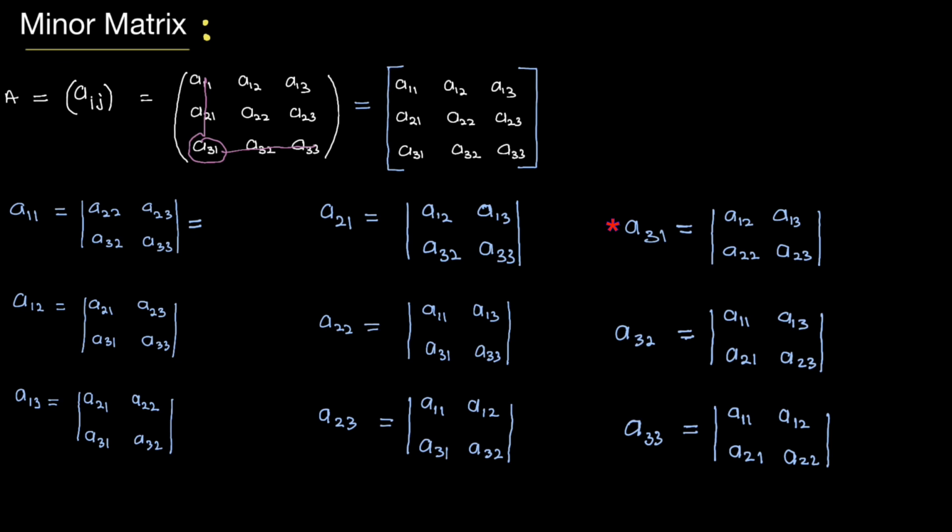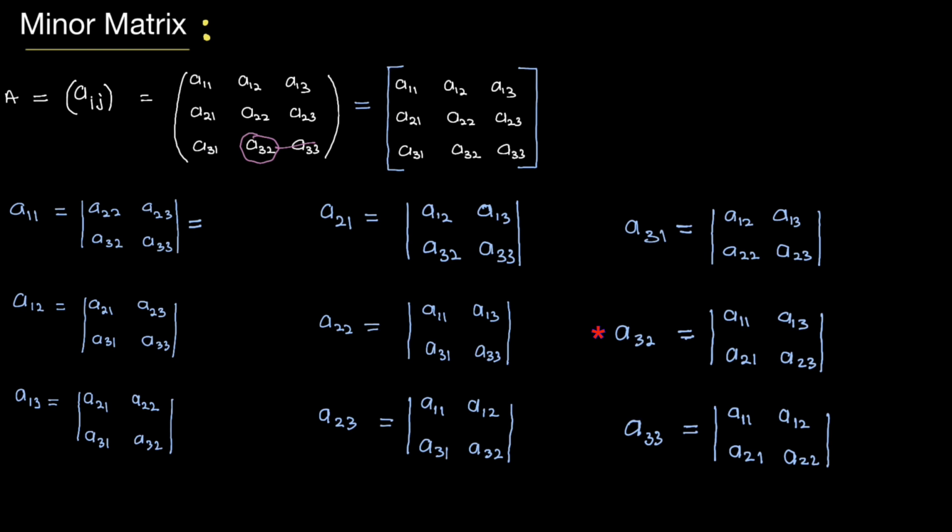And now let's do the minor matrix for A32. We draw a circle on A32, draw a horizontal line and a vertical line. Any elements left will be in the minor matrix for A32. And we have A11, A13, A21, A23.